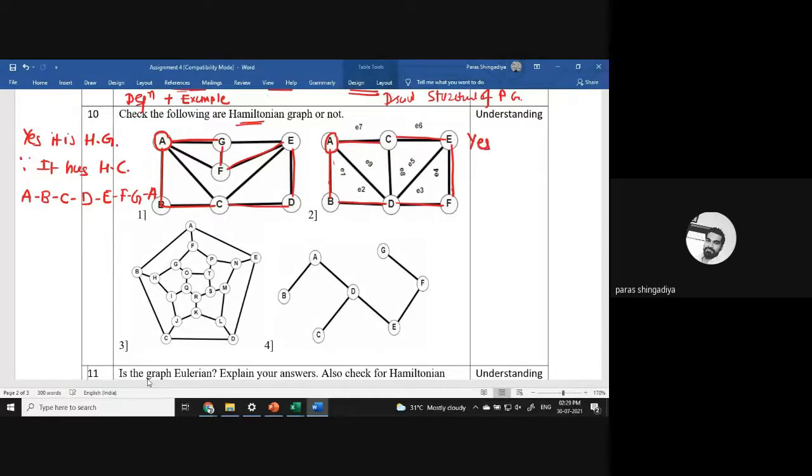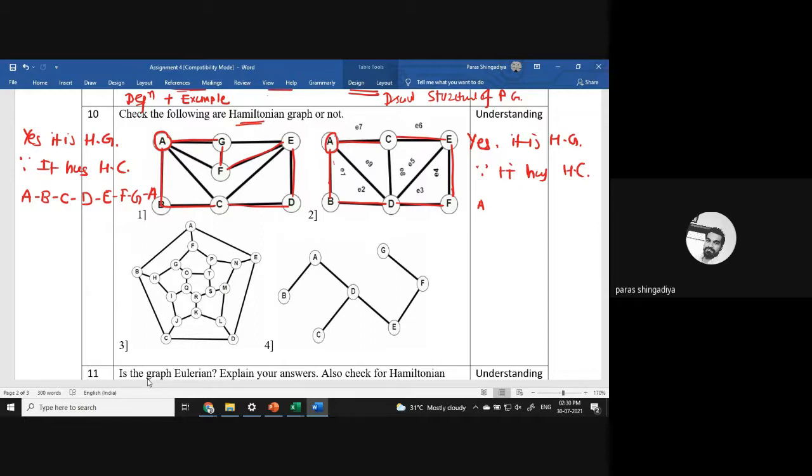So write the answer. Yes, this graph is a Hamiltonian graph because it has a Hamiltonian circuit. Which circuit? We just mention it here. Here edge notation is given, so we'll include edge notation also in our circuit.